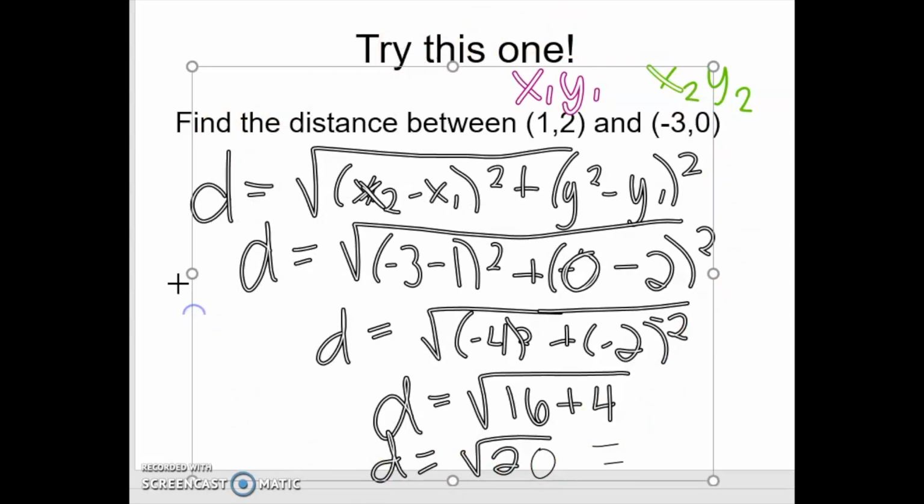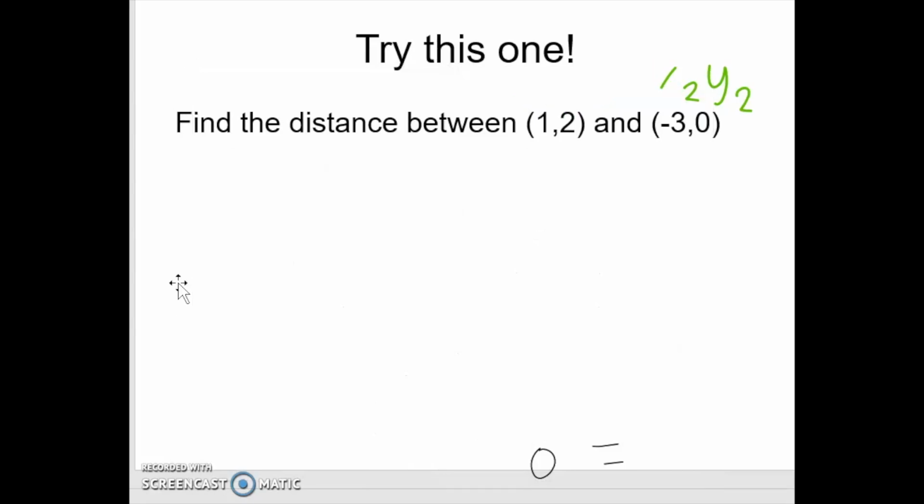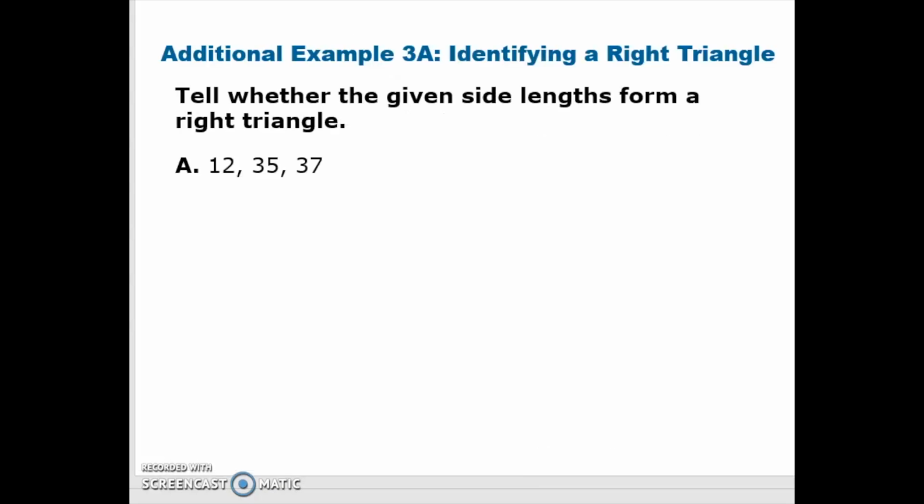Now, the other thing we're going to talk about today is a little bit more about the Pythagorean theorem. We're going to talk about something called the converse, and that's just proving whether or not three sides make a right triangle. So we're going to look at three values and ask, is this a right triangle? It's a triangle, right?